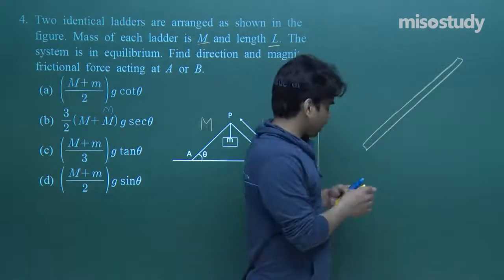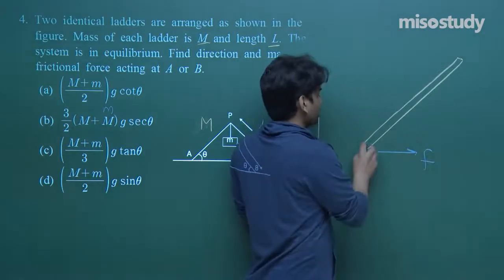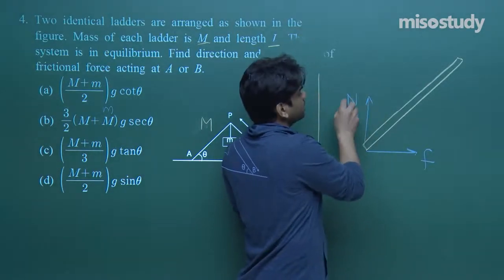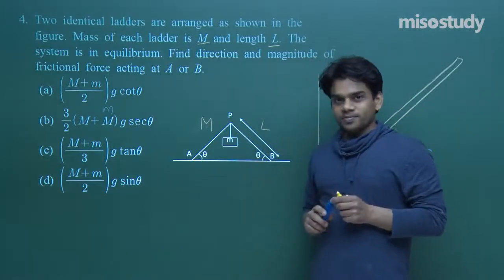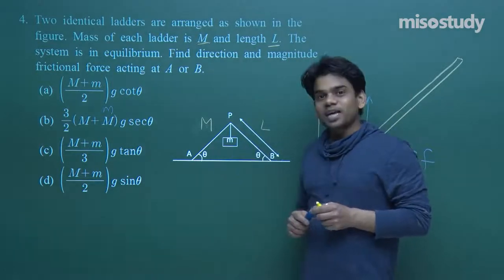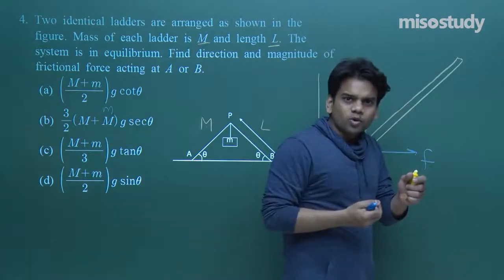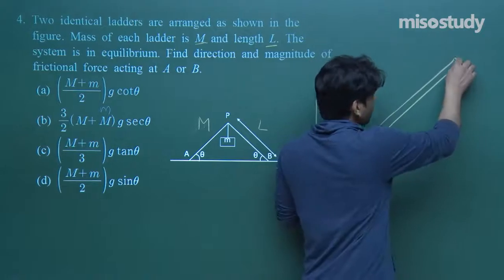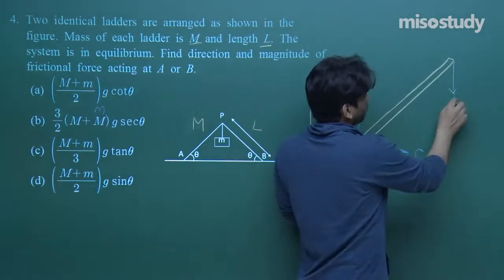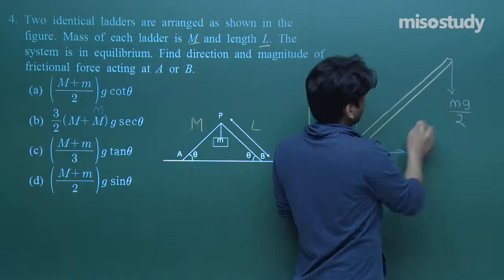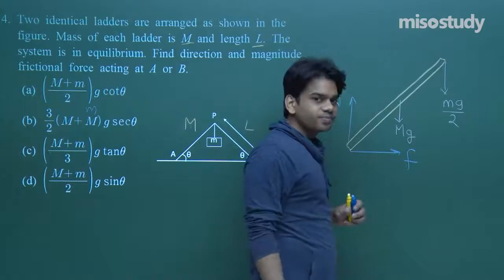So I am marking the friction force acting towards right, small f, and then let me show you that this is the normal reaction N. Now next thing, you see at point P, this mass has been hanged. Since it is connected to both of the ladders, its half weight will be acting on this. So I am writing here the force acting is mg by 2. Its own weight capital Mg will be acting here.